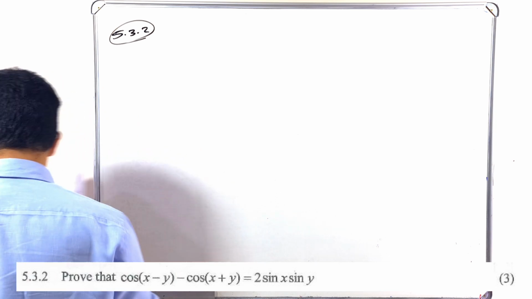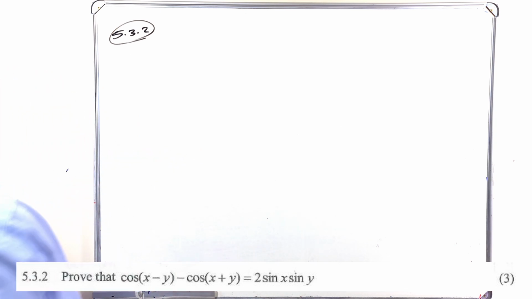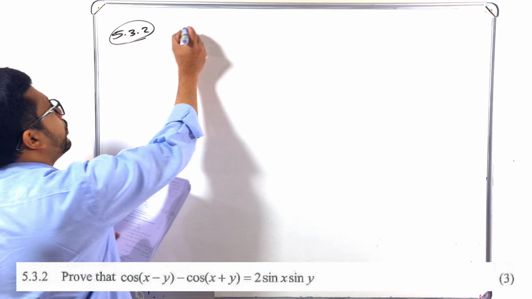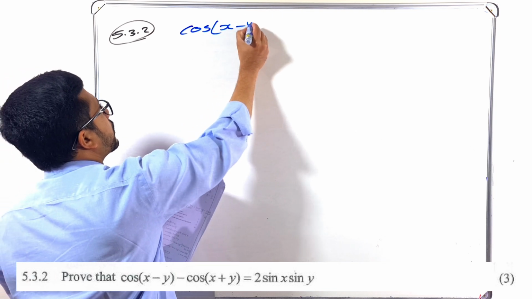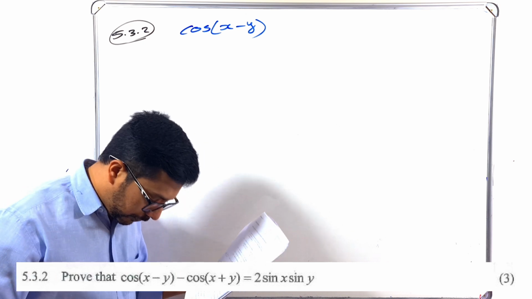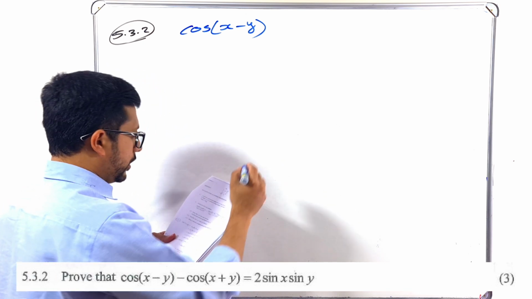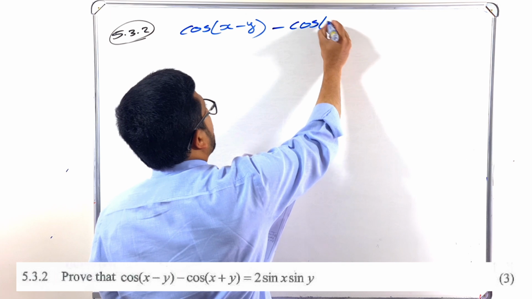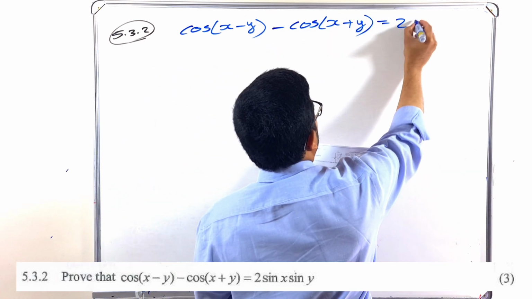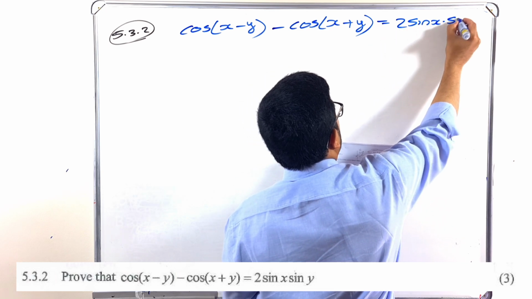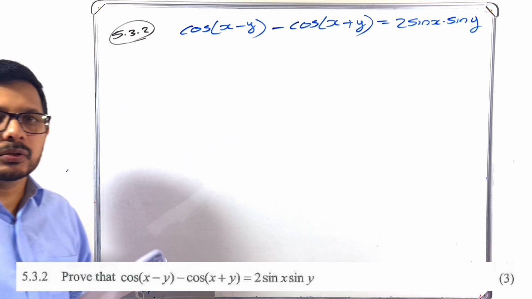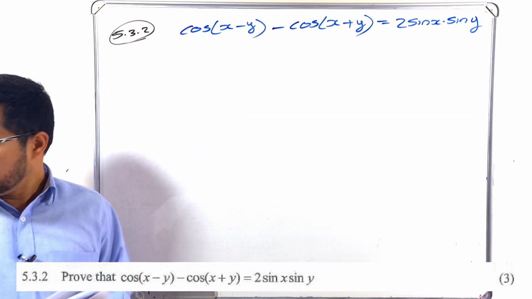Prove that cos of x minus y minus cos of x plus y is equal to 2 sin x into sin y. You have to prove it like this. That is the question. You have to prove that the left hand side is equal to the right hand side.